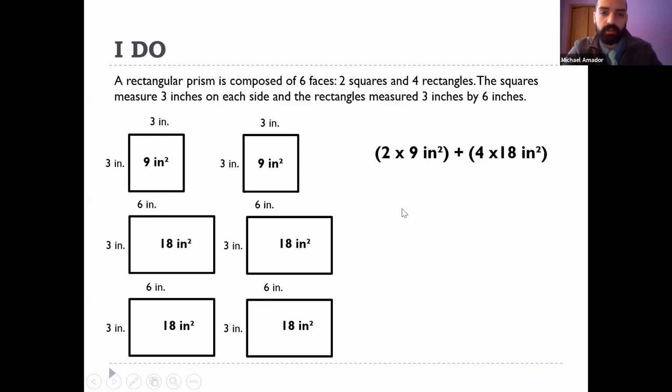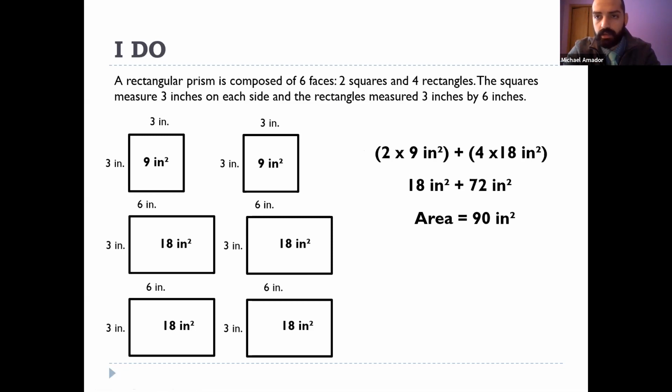One way of adding them all together is realizing that we have 2 times 9 inches because we have these 2 faces, and we have 4 times 18 inches. 18 inches plus 72 inches, and we have our total area of 90 inches.